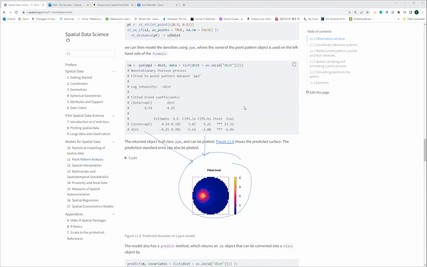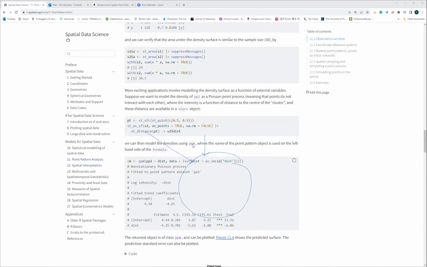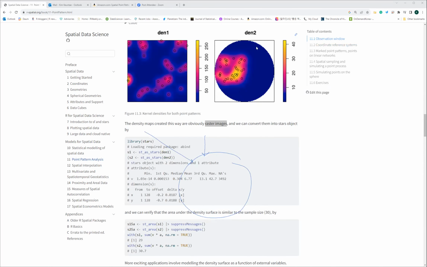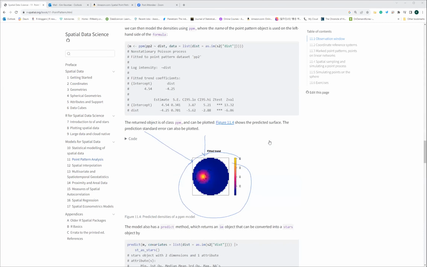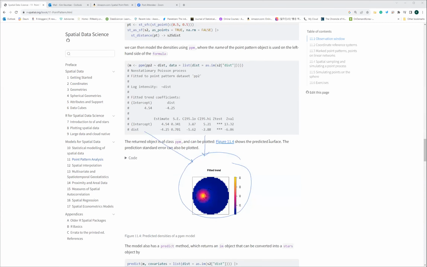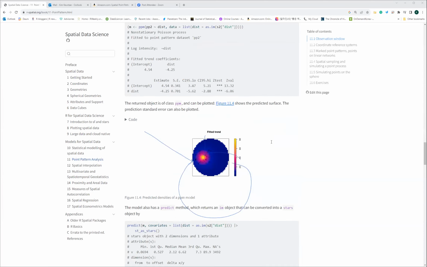It's pretty similar, right? That means the distance actually explains very well, significantly explains the variation of the location pattern of the actual location points for the den2 in this case. That's how you can understand this model. Okay.